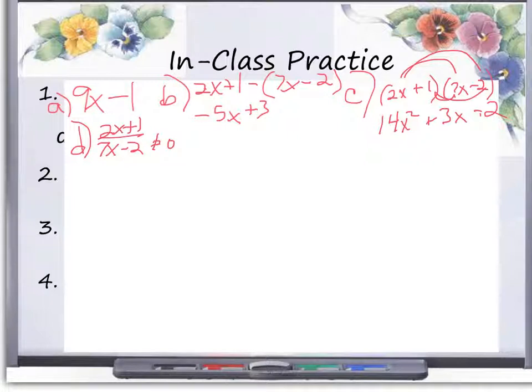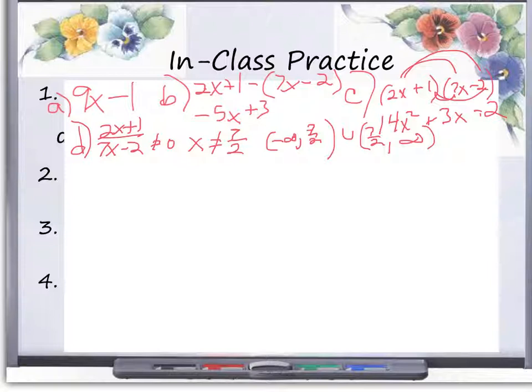So I add 2, divide by 7. x cannot equal 7 halves. In interval notation, negative infinity to 7 halves, union with 7 halves to infinity. Since both have parentheses, not brackets, it means I'm never going to actually equal 7 halves.